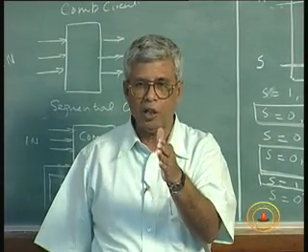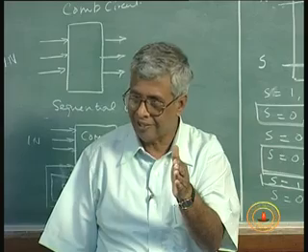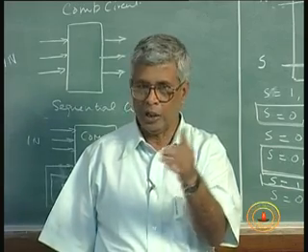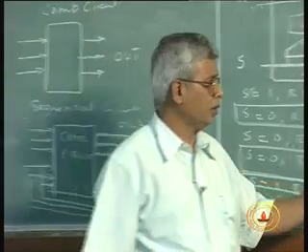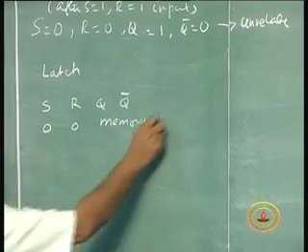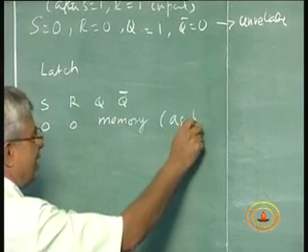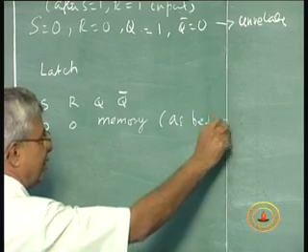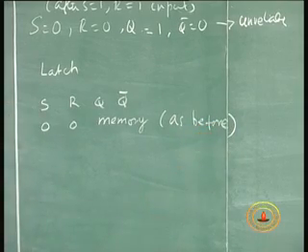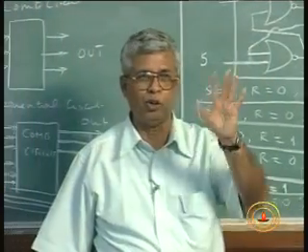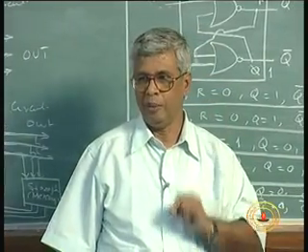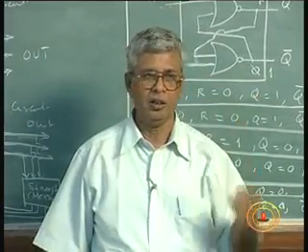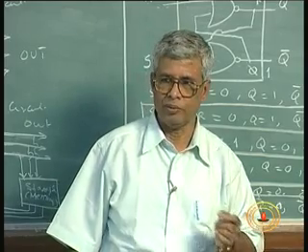It will depend on what the output was before, is it not? That is why I call it memory in my table, or some people write this as before state. It will not change. In some books you will see it written as before state, no change state, or memory state. These are the different synonyms they use for this.